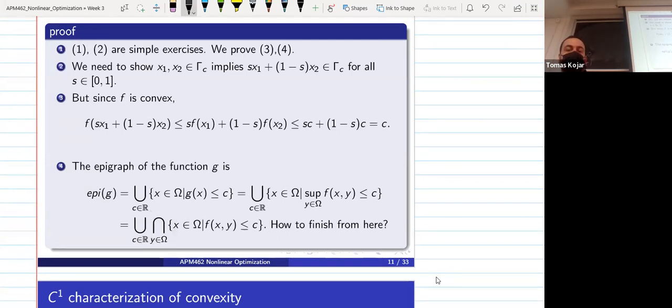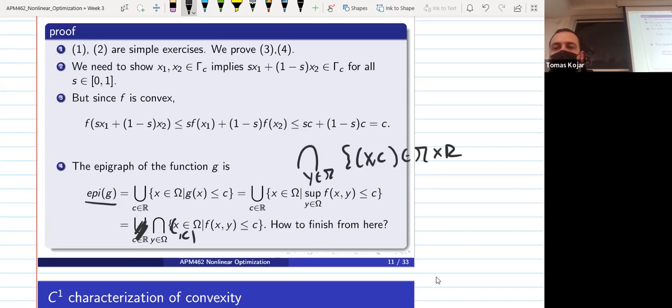Okay, so how do I finish from here to conclude that the epigraph of g is convex? So forget this union. I should write it as the set of (x, c) in omega cross R such that f of x y is less than c for all y in omega.